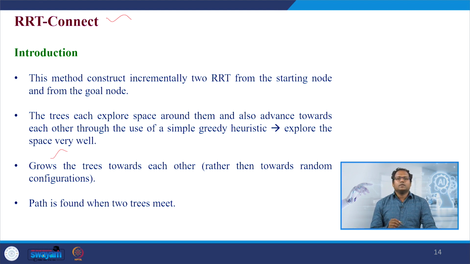For this tree, which has the initial point as its starting node, and another tree which has the goal point as its starting node, each tree is built incrementally towards the other tree from its point of view. And the path is found when the two trees meet.